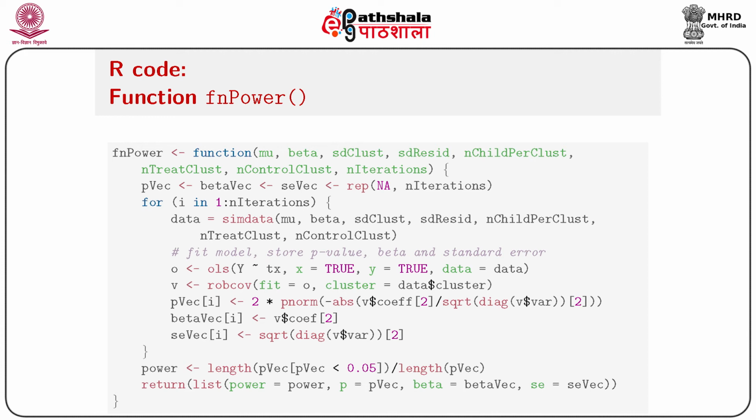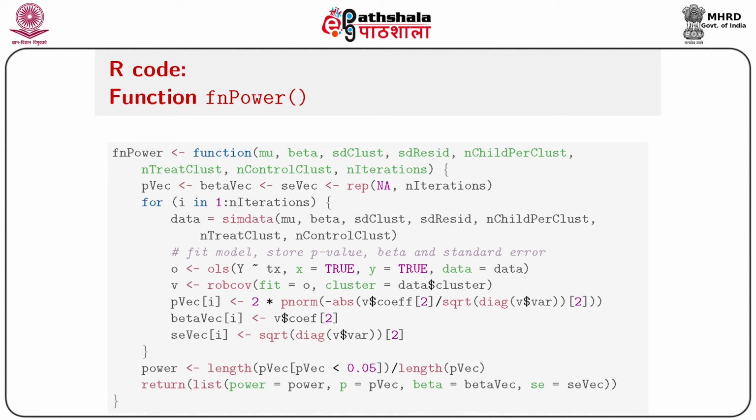Then we get the p vector by this formula, the beta vector by this formula, and the standard error vector by this formula. The power is then the length of the p vector where p is less than 0.05, divided by the length of the p vector.